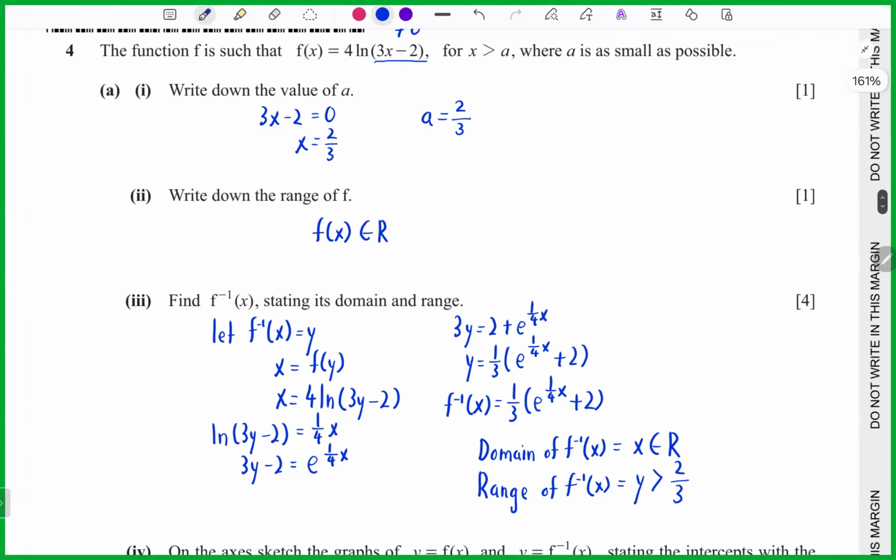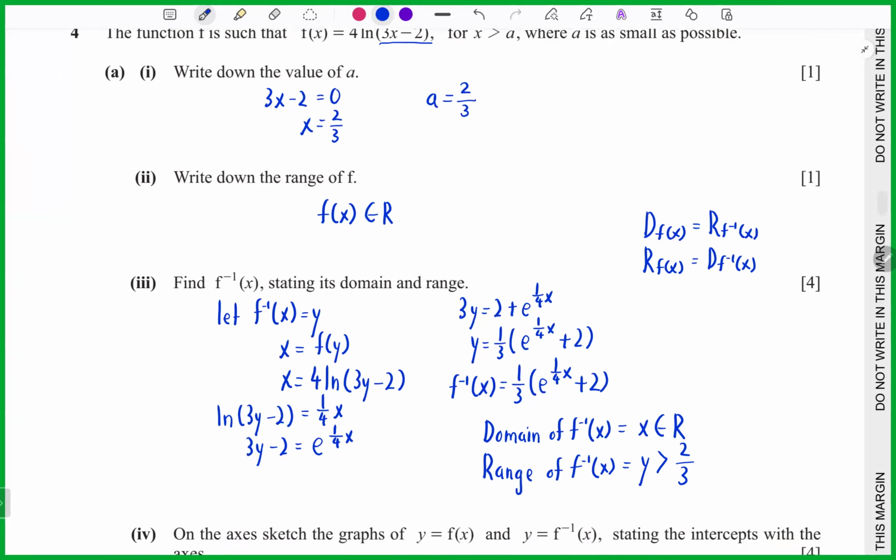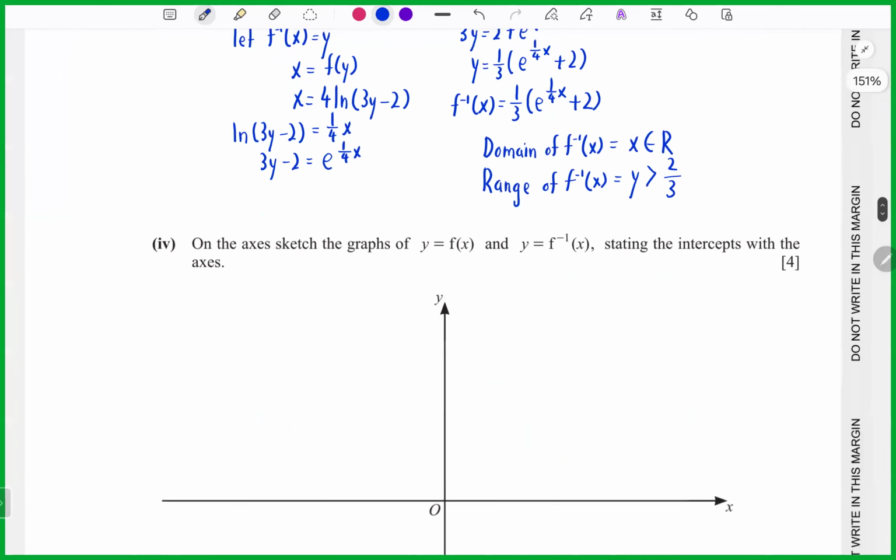Why? Because we already know the domain of f(x) will equal the range of the inverse, and the range of f(x) will equal the domain of the inverse f(x). So I hope you can get it. Okay, let's try part 4.